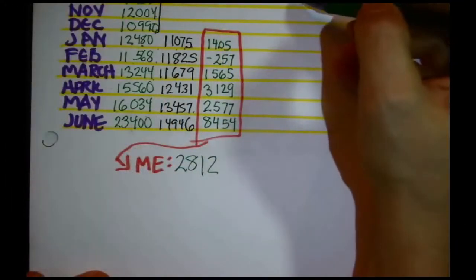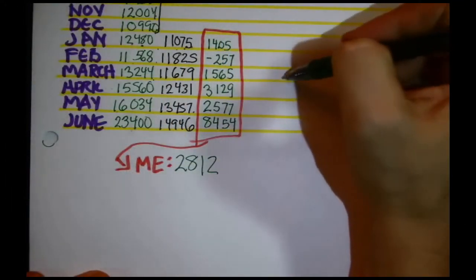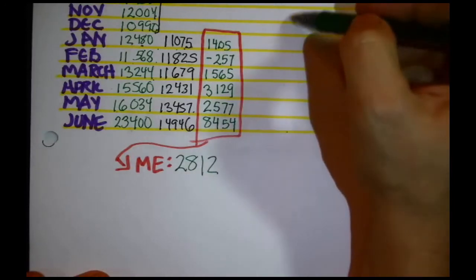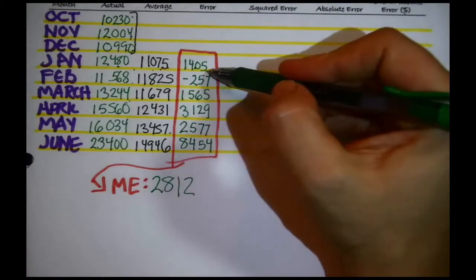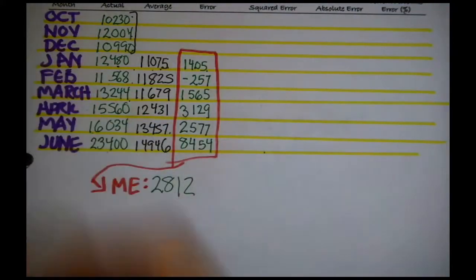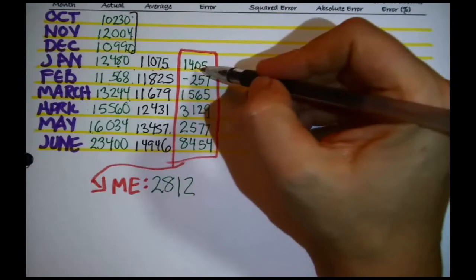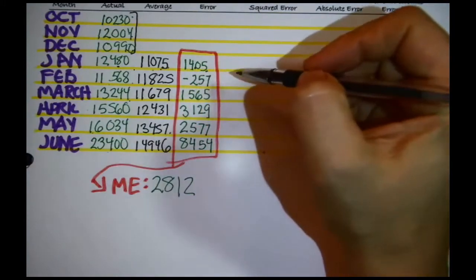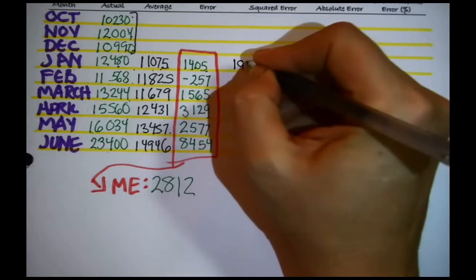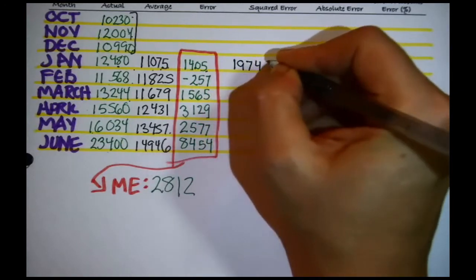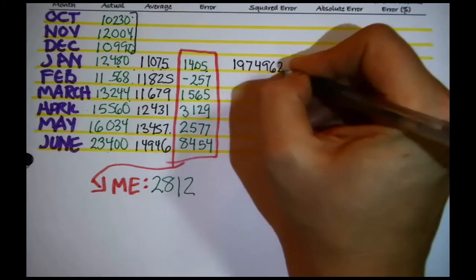All right, another measure of accuracy and a better measure is mean squared error. In order to calculate mean squared error, you have to first calculate the squared errors. See how that's a column here? Which is to say, just take each error now and square it. All right. If you say 1,405 times 1,405, that is to say you square it, I get, ooh, big number, 1,974,962.